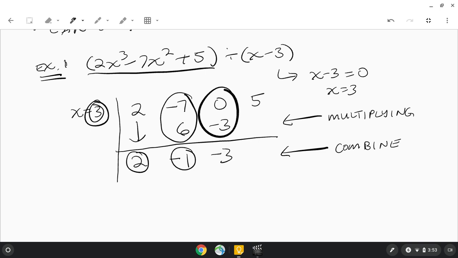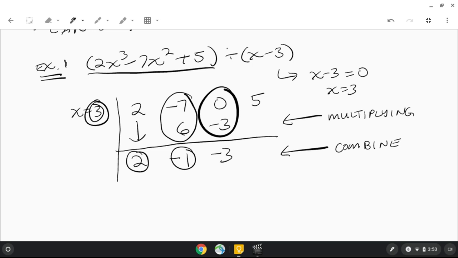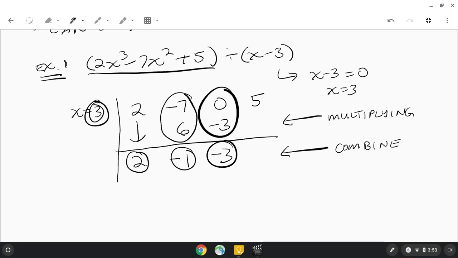And then I'm going to multiply again: -3 times the outside number, -3 times 3 is -9. And then I'm going to combine these: 5 and -9 is -4.